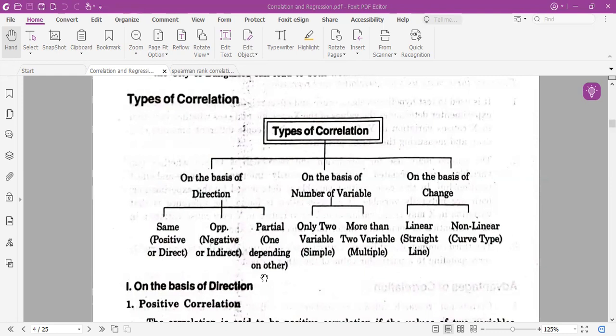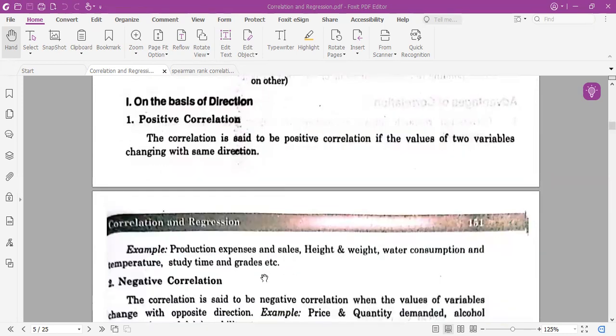So based upon the direction, the correlation can be positive, negative, or partial. Based upon the number of variables, it can be simple or multiple correlation. Based upon the change of values in the variable, you can call it linear or curvilinear or non-linear correlation.